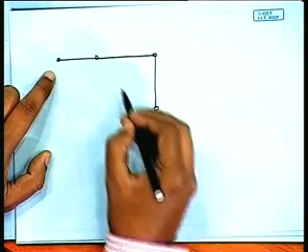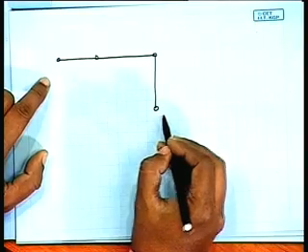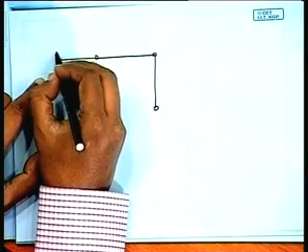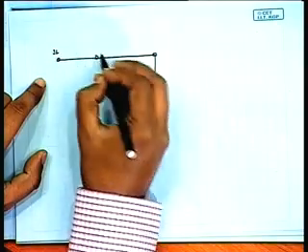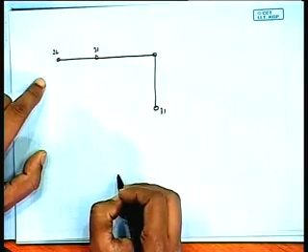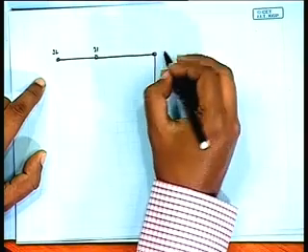So you can find values like this: say this one is 32, this one is 31, this one is 31, this one is 31, and this one is 30.